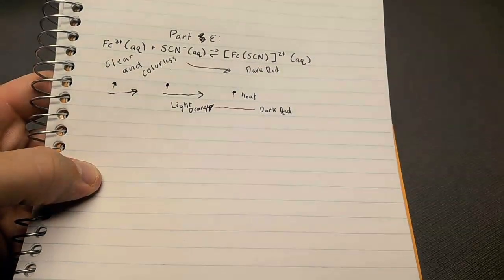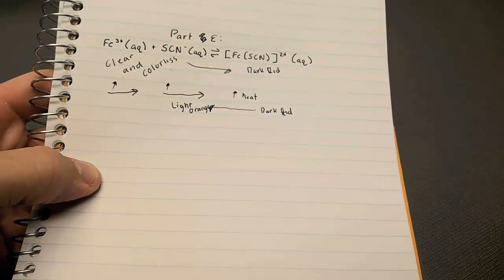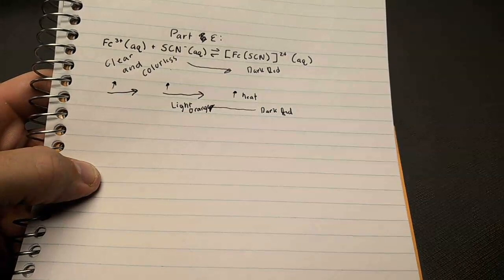Now, when AgNO3 was added, a precipitate formed. The precipitate was white and cloudy in the tube.